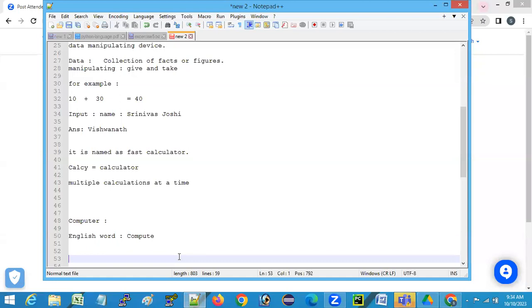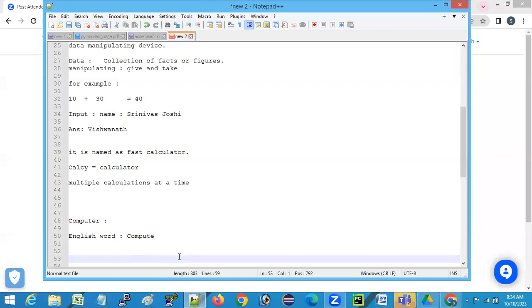Once again, I am reiterating this. Please understand this. Computer will not do anything automatically. Is it clear? Whatever you have fed, whatever you have given, whatever you have input, according to that only we are going to get the result.